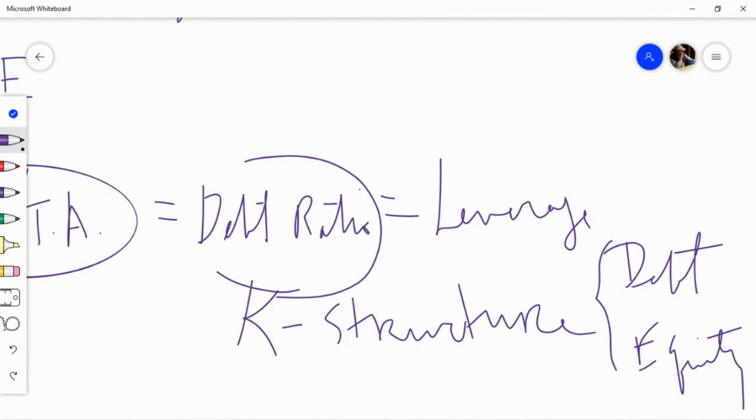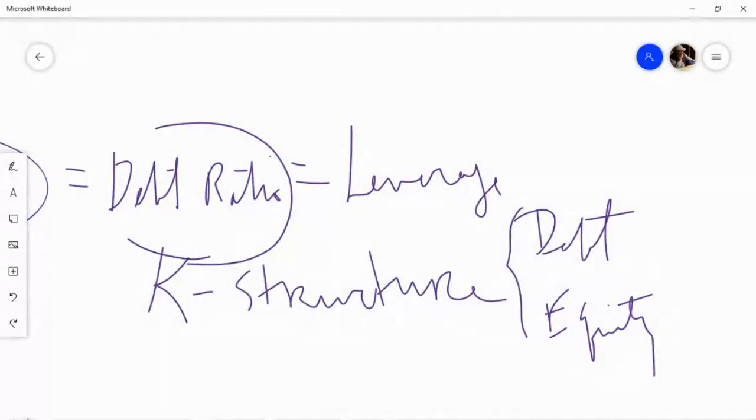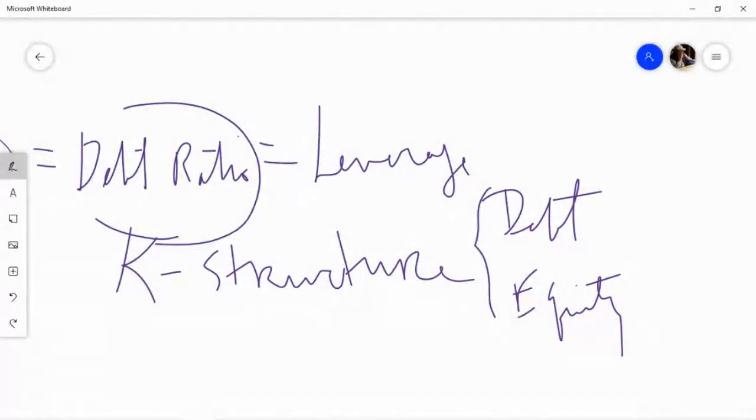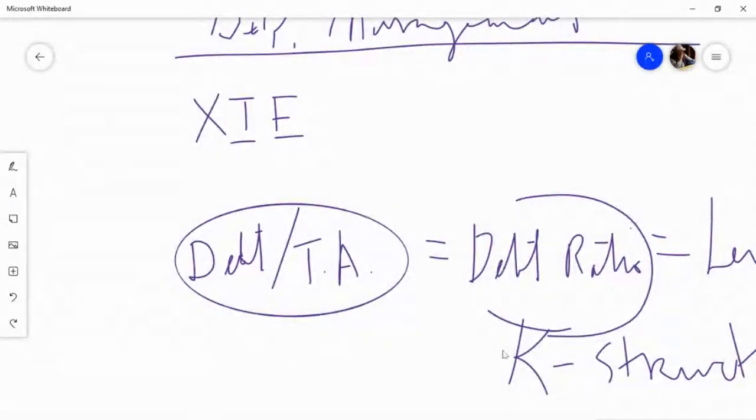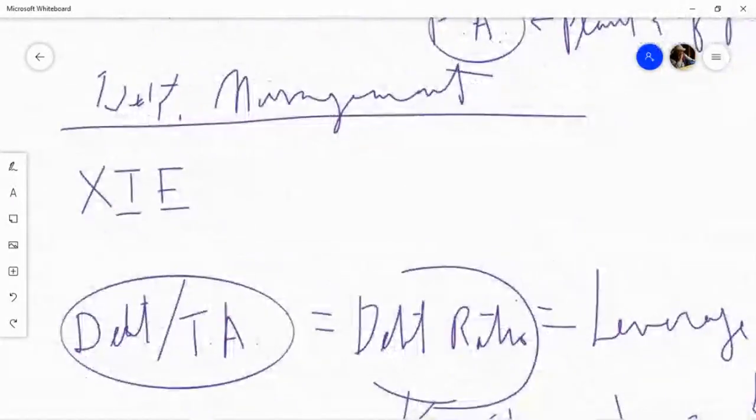Capital is debt and equity, right? Obviously, if the equity is 60% of the total assets, the debt will be 40% of it. That's that ratio. I'm going to come back to why it's called leverage.